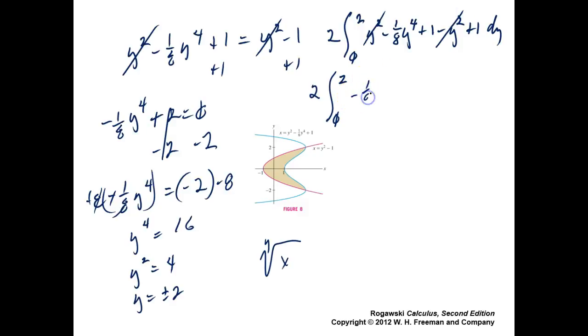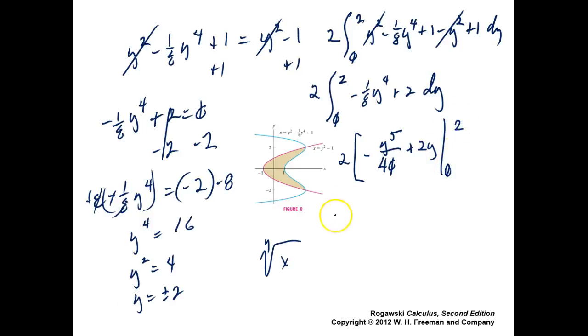So you have a minus 1/8 y to the 4th plus 2 dy. The 2 times, what's the antiderivative of negative 1/8 y to the 4th? y to the 5th over 40. Very good. Plus 2y, evaluated from 0 to 2.